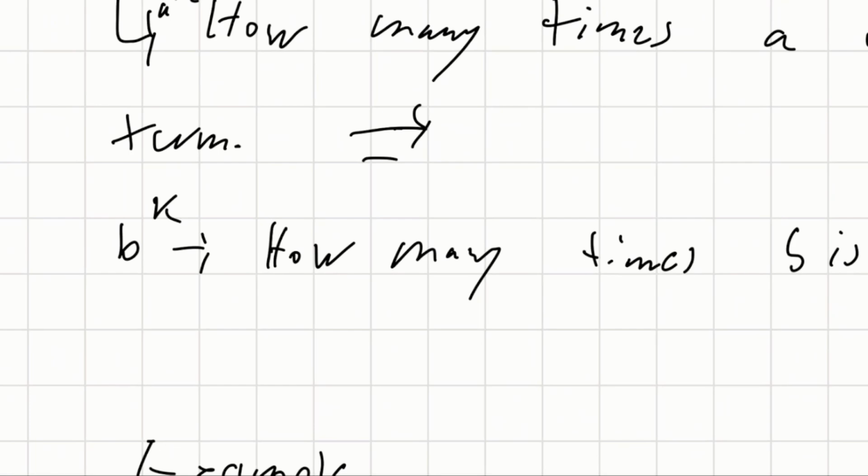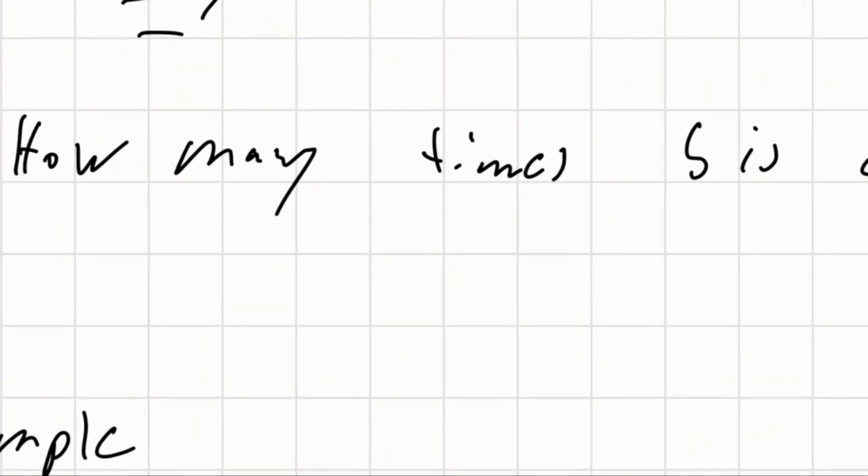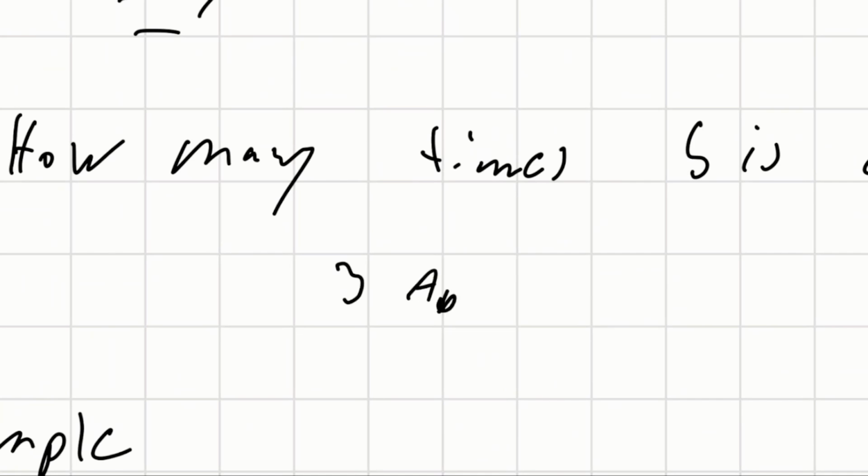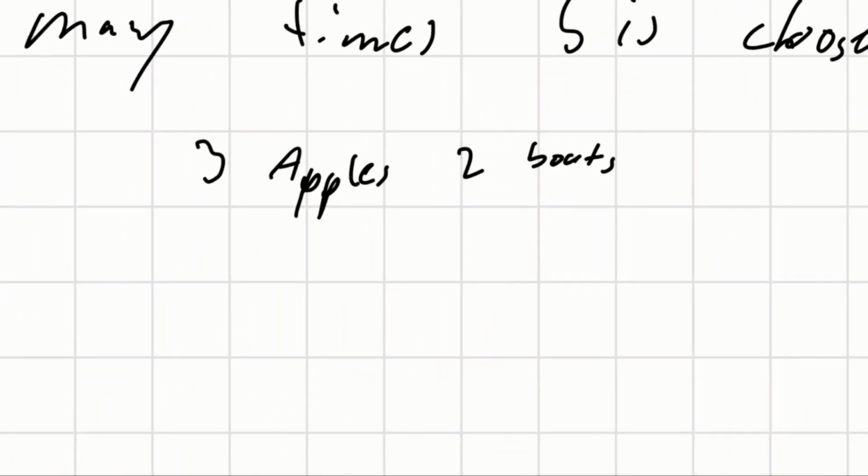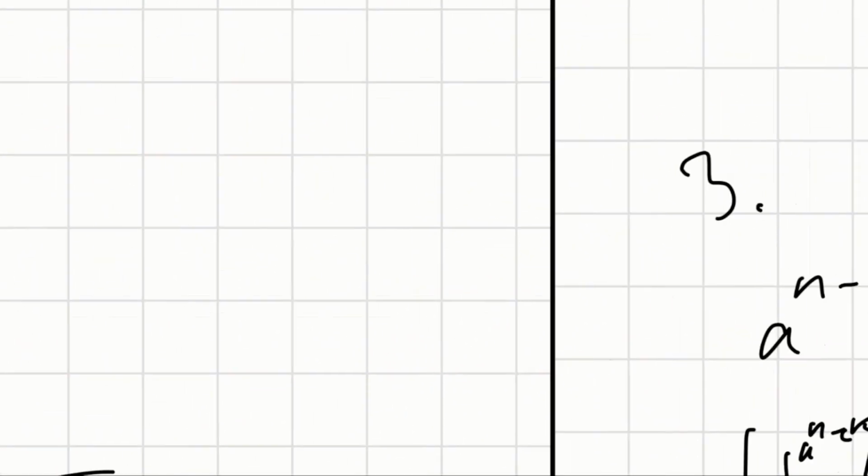Because if we, for example, had 3 apples and 2 boats, and we looked for a way to combine these, forget this, it would be too confusing.